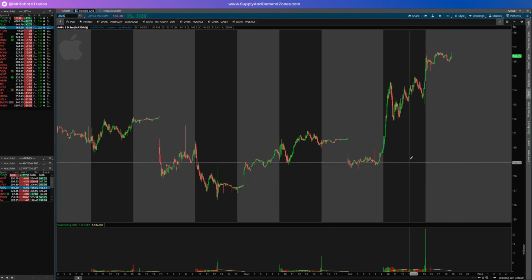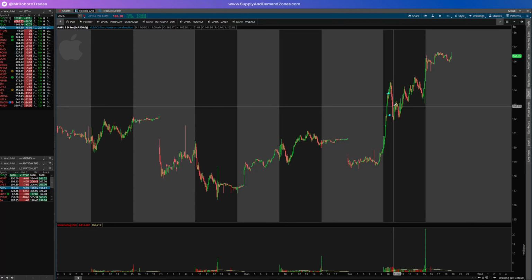I ended up taking Apple short right around here. I didn't hold it too long, so I ended up selling some here, and then on this bounce back, I held a good portion of my shares, thinking that Apple wouldn't be able to hold itself up while the rest of the market sold.